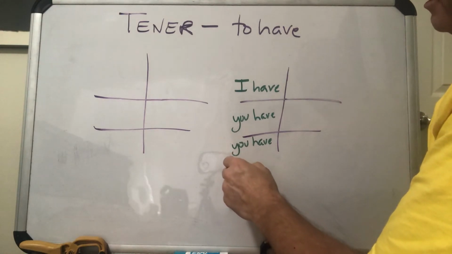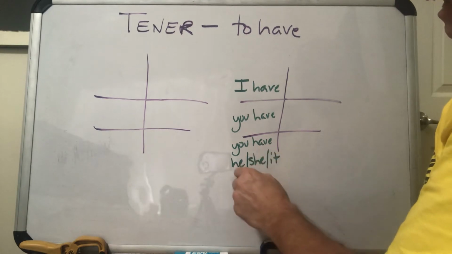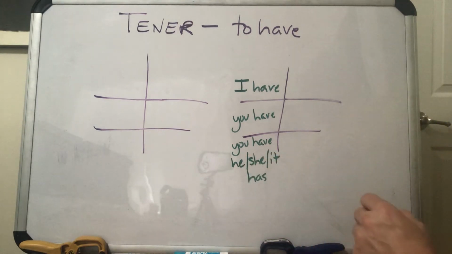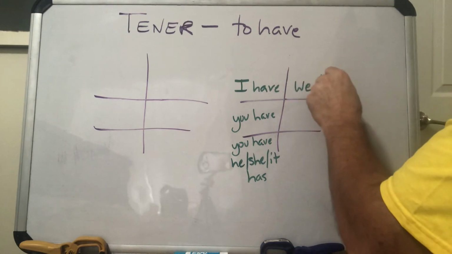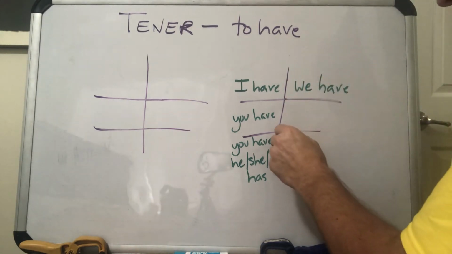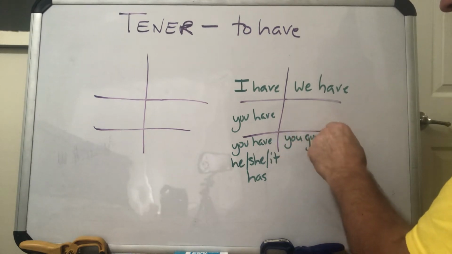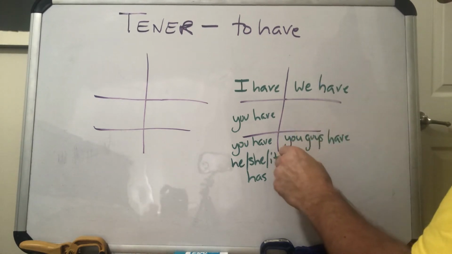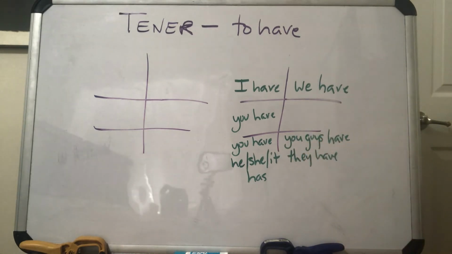And then he or she or it has. That's what they are in English, okay? We have. You guys have. And they have. All right, so there they all are in English.